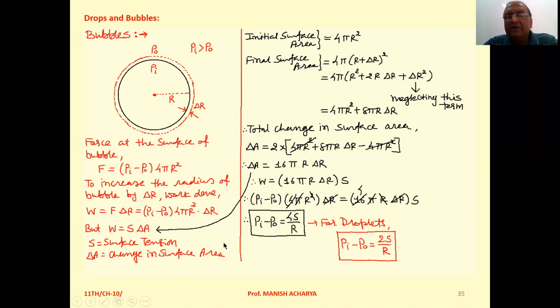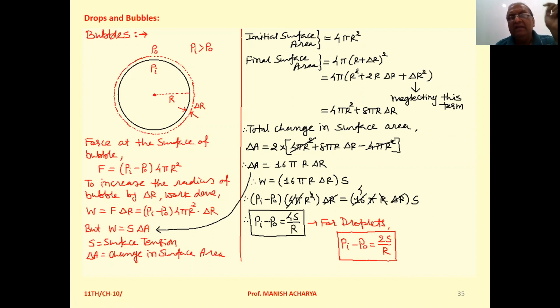Now suppose, due to the change in the radius of the bubble, its surface area is increased by delta A. We already discussed this thing. This work done will be stored in it in the form of energy.